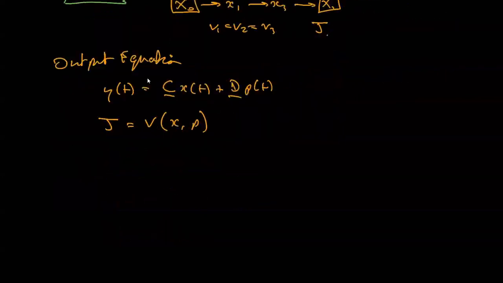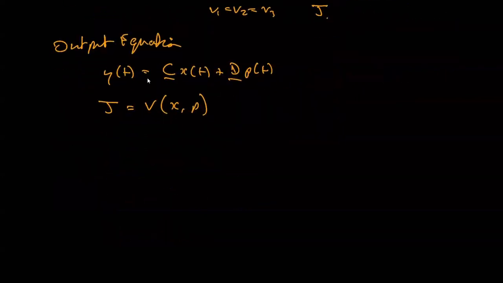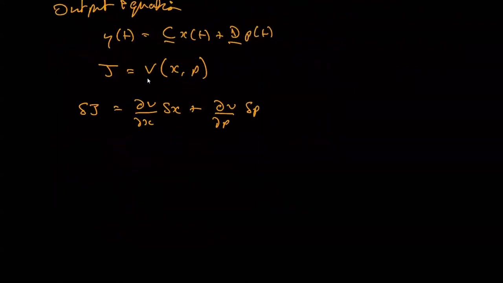It doesn't matter. So when I linearize that, I will get, now we're not talking about a differential equation here, this is just an algebraic equation. So I get delta J on that side, then I get dv/dx times delta x, plus dv/dp times delta p. So what I want to do with that, and we're already talking about steady state, is take that into the Laplace domain.